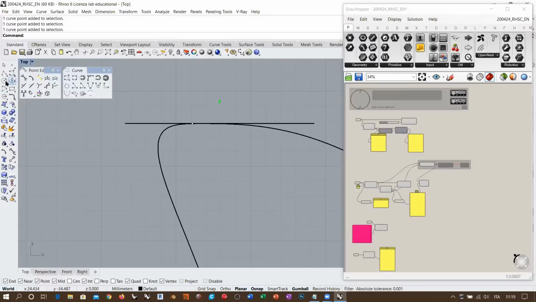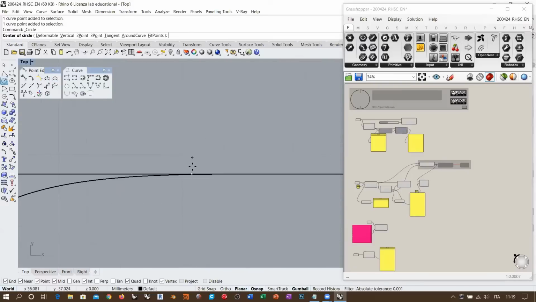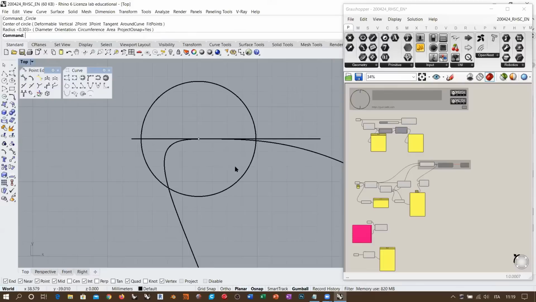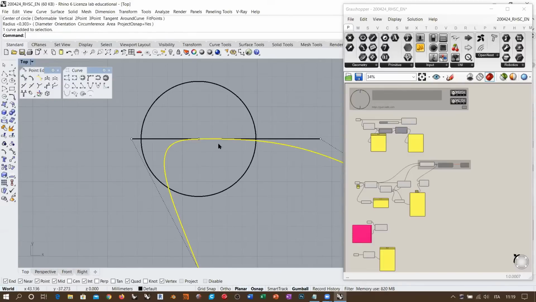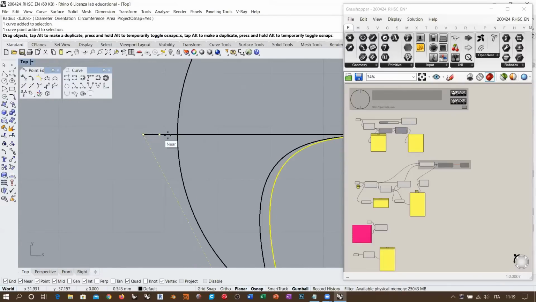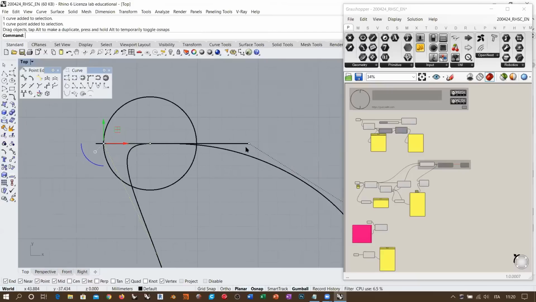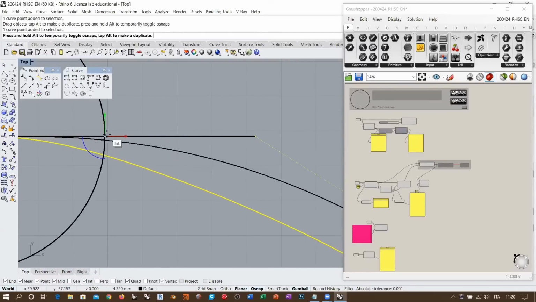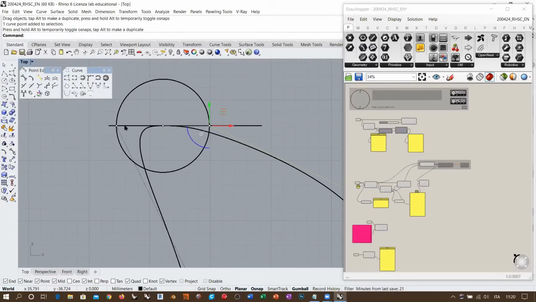So for example, if I take a circle from this point and give it the radius that I want, it doesn't matter actually, and take the control points of my line and place this control point in this intersection and this control point in this intersection here, I am creating a symmetric set of 3 control points, okay? And this means that the relative knot actually lies in correspondence with the center control point.